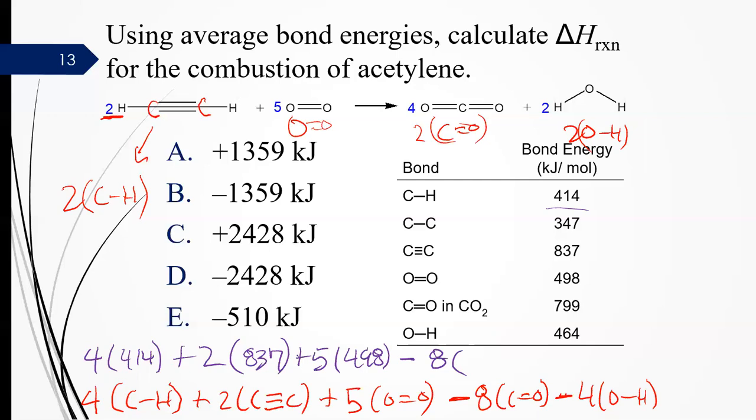And we have our C double bond to O. And so when we add all of that together, we should get -2,428. And so that's how we can use our average bond enthalpies to calculate the delta H for that reaction.